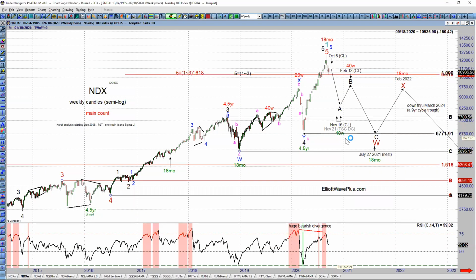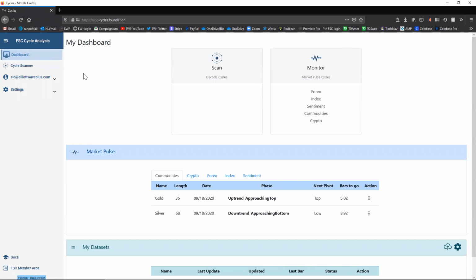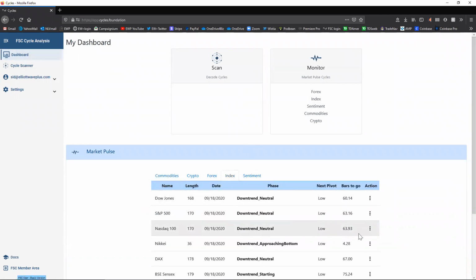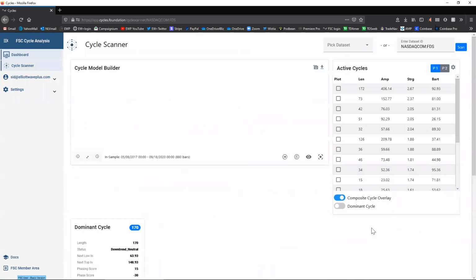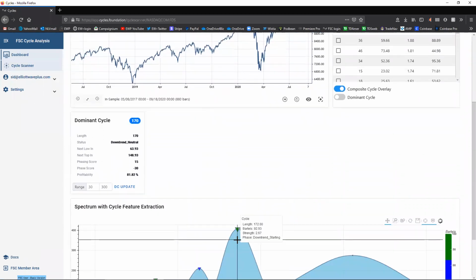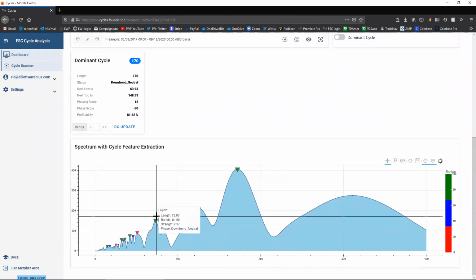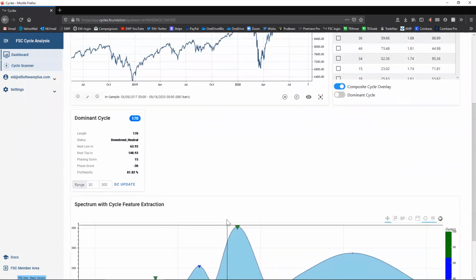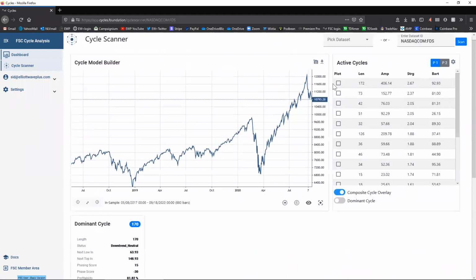The Ftse cycles program, and maybe I'll just bring it over here real quick. We'll just run a quick NASDAQ on this. And we can see that 172 is the dominant cycle, and then the next is a 73.